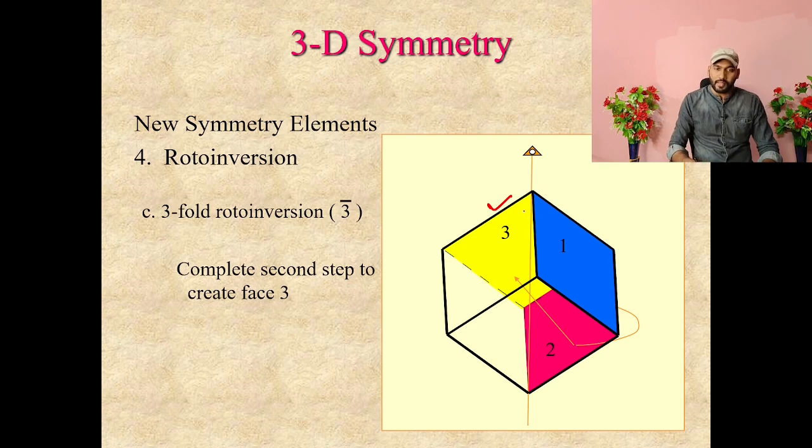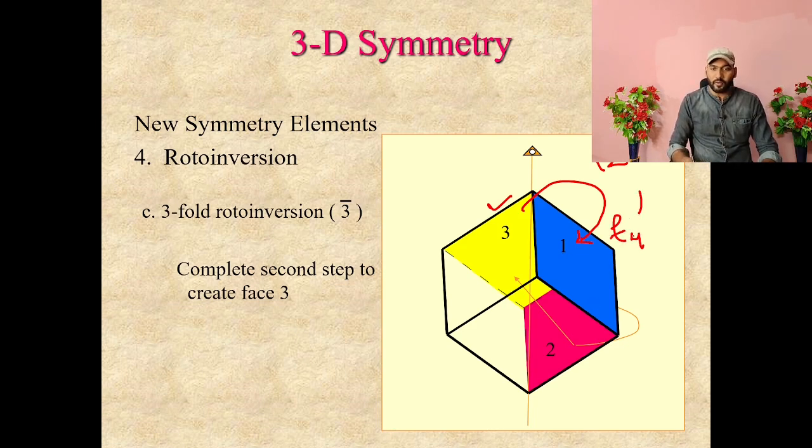If we rotate 3 by 120 degrees, it will come to 1. But there we cannot stop because rotation is not our final phase. Our final phase is rotation plus inversion. So here we'll get F4 dash, not F4.